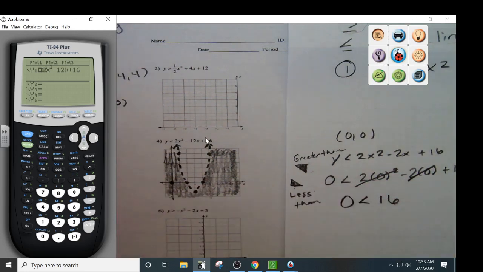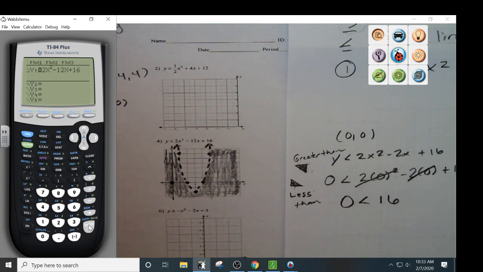So let me show you what that means. You go all the way to the left until you see that slanted line blinking up and down. Since this is less than, you need to hit enter until you have the triangle in the bottom left.